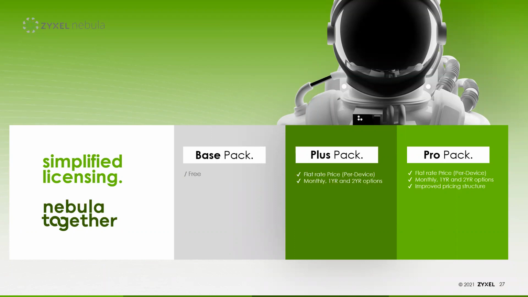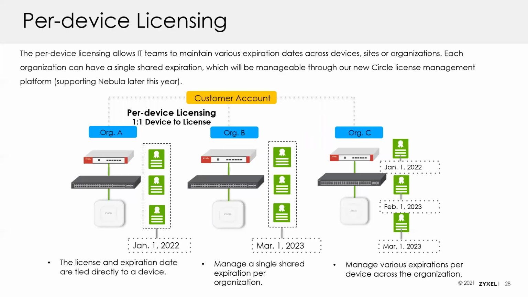One key thing when it comes to licensing is, in order to unlock the features of Plus or Pro Pack, every device in the organization needs to have an active, valid license assigned to it at that tier level. An organization is just your customer. Generally, when you go into the Nebula interface, you create different accounts for your customers. We call those organizations.